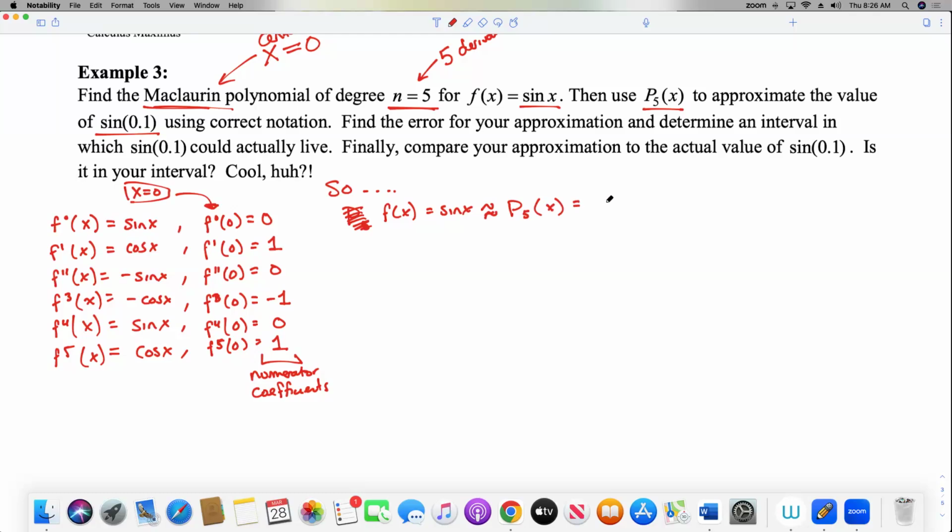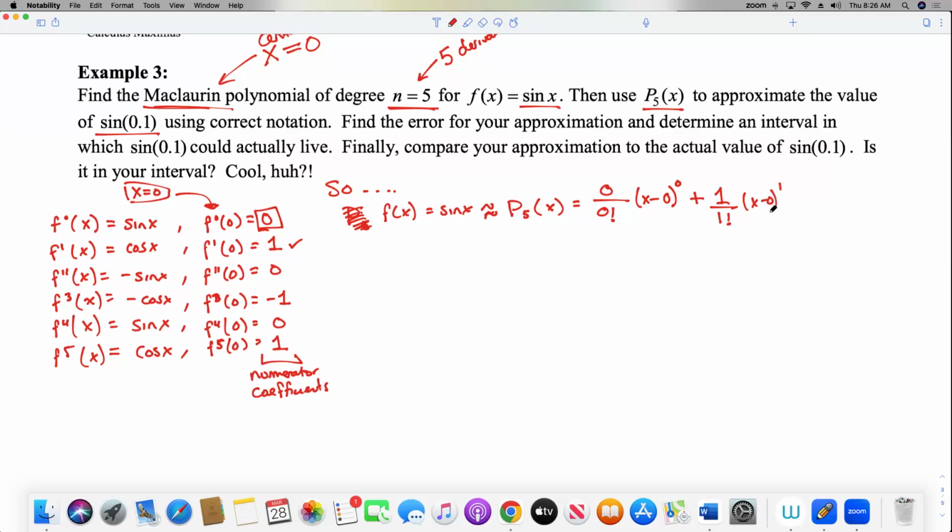So the first is going to be the numerator coefficient, 0 over 0 factorial times x minus the center, in this case 0, to the 0th power, plus 1 over 1 factorial times x minus 0 to the 1.